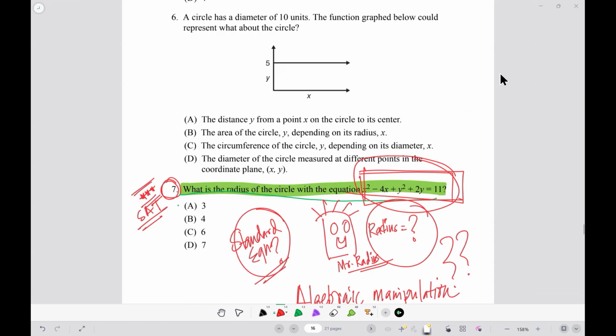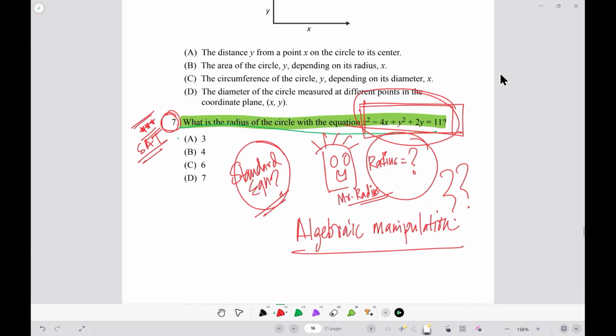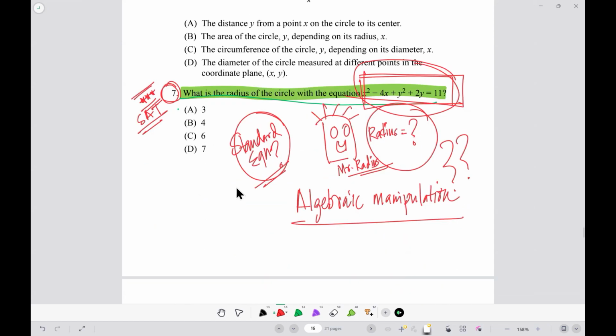And how to make it look similar? We're gonna do such steps that will make this equation look like this form: x minus h whole squared plus y minus k whole squared equals r squared.